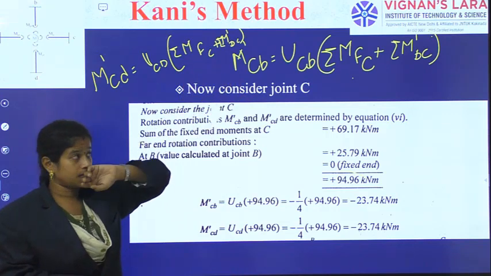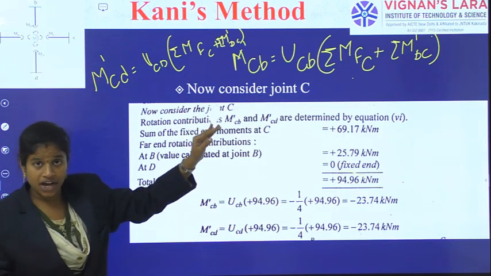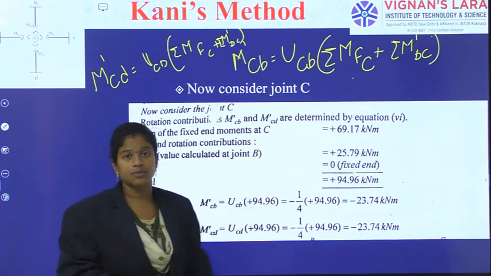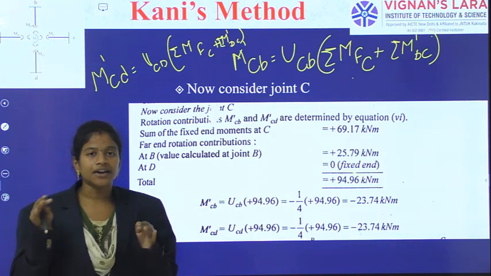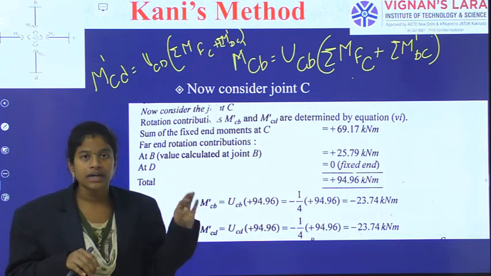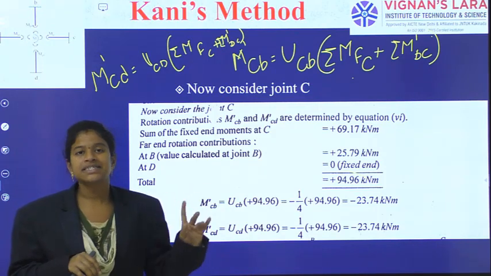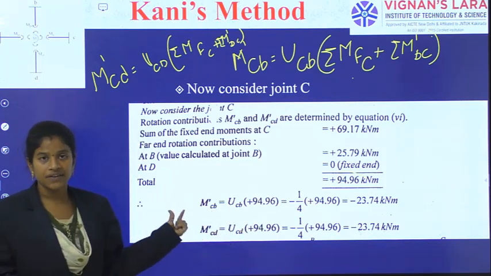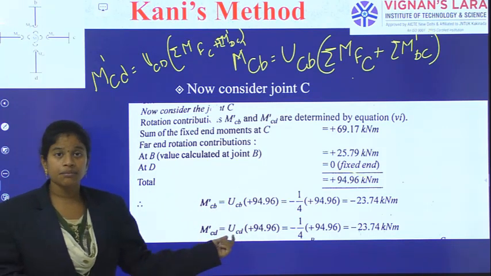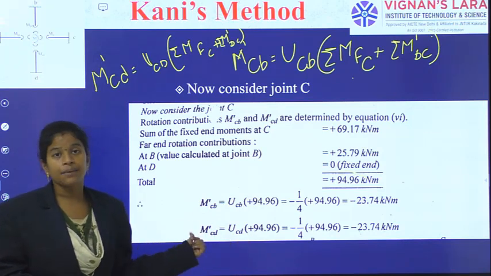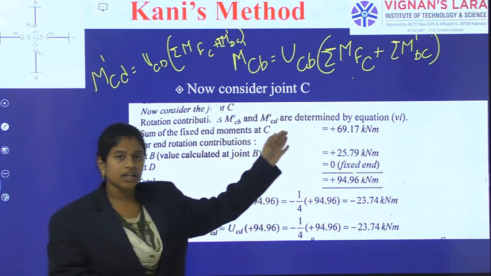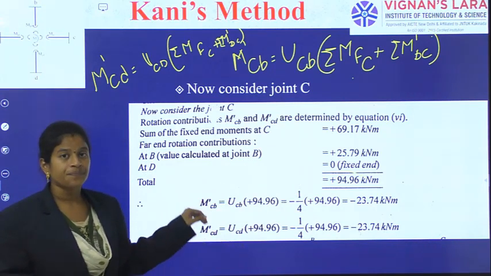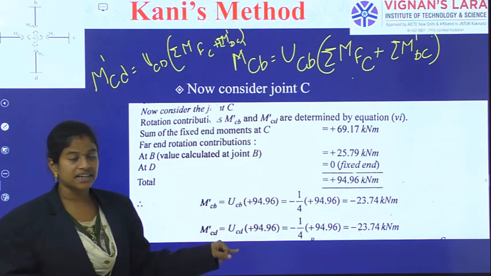Those two answers we should write, and after summing up all these answers we get some quantity, and that quantity needs to be multiplied with UCD or UCB. When multiplying with CB, I will get M dash CB. When multiplying with CD, we will get M dash CD. The total quantity into UCB or UCD will give the M dash CB, M dash CD answers.